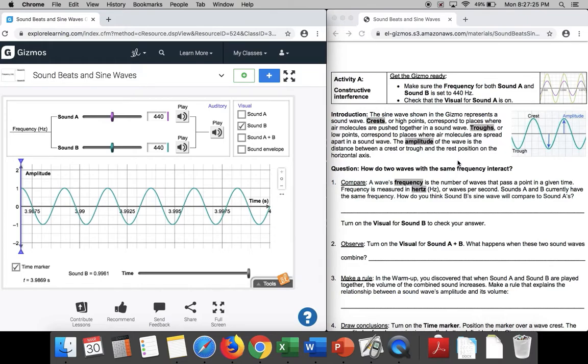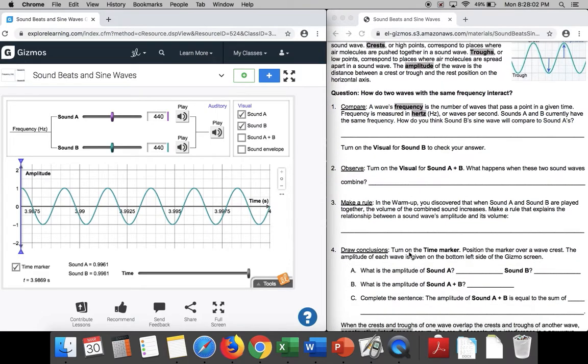Let me turn off sound B, and turn on sound A. So if sound A looks like this, what do you think sound B is going to look like? If it's got the same frequency, then it should look very similar. So there's sound A. If I turn on sound B, you'll see it's right over sound A. So they have the exact same sound waves.